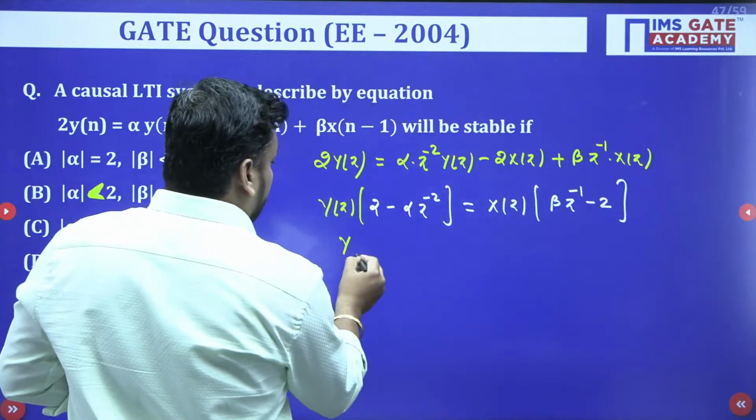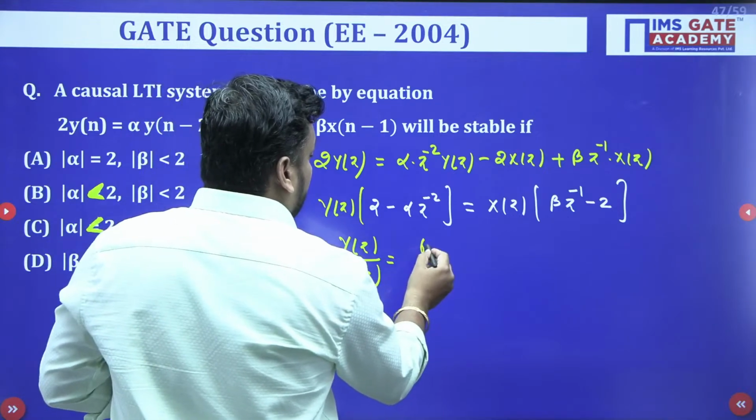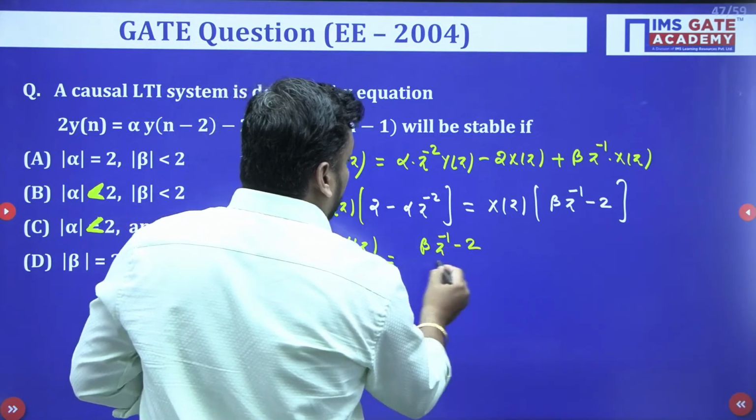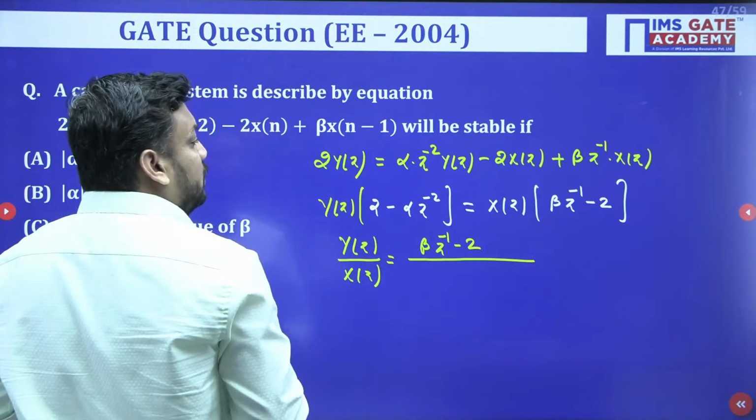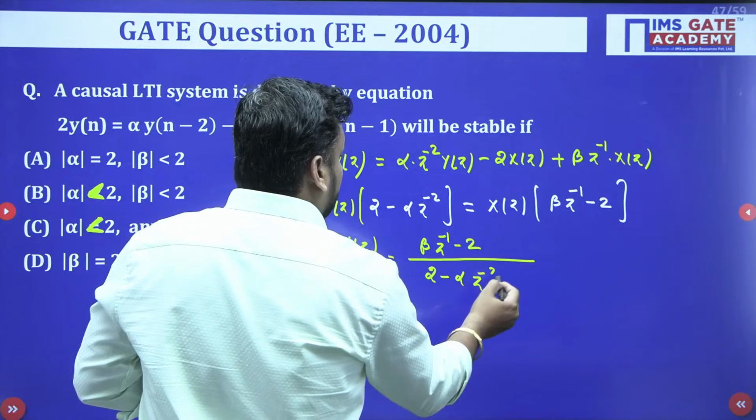So ultimately you will get Y(z) upon X(z) equal to (beta z inverse minus 2) upon (2 minus alpha z to the power minus 2).